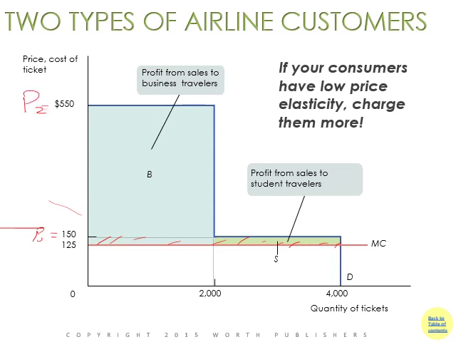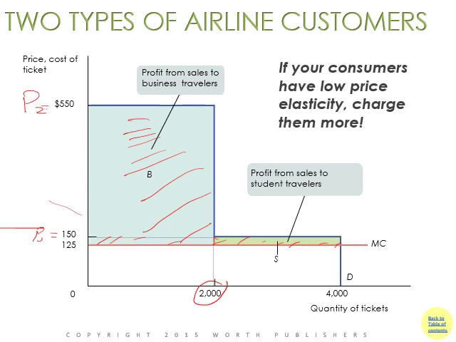If we chose the higher price, $550, we would only be able to sell 2,000 tickets to business travelers. The profit to business travelers would be this hatched area, and we would be missing out on any profits from our student traveler segment.